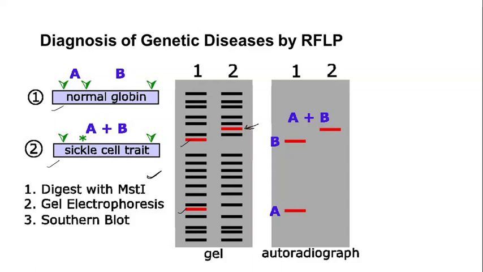So here you will get one fragment, and this is nothing but the autoradiograph. Actually, from the gel we are going to transfer this pattern of DNA onto a nitrocellulose membrane, and on the nitrocellulose membrane we are hybridizing with the probe. Okay, and that probe is actually recognizing the globin gene.